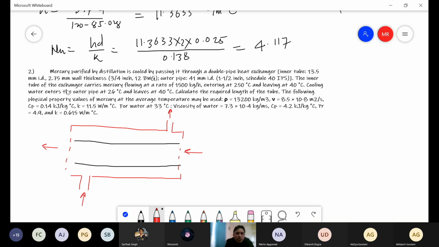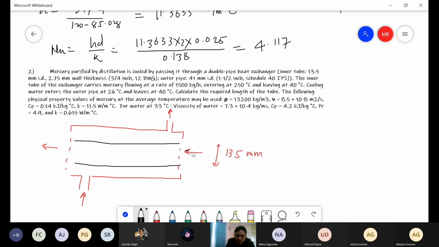What is given is mercury purified by distillation is cooled by passing it through a double pipe heat exchanger inner tube. This inner tube diameter is given as 13.5 mm.